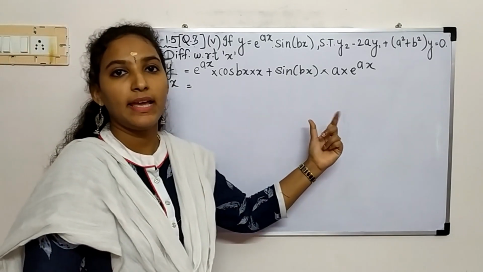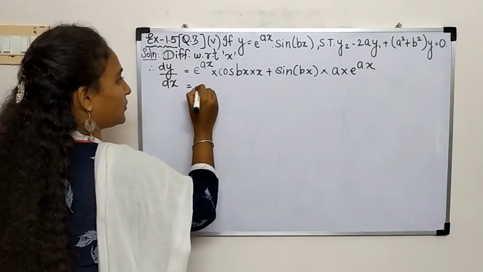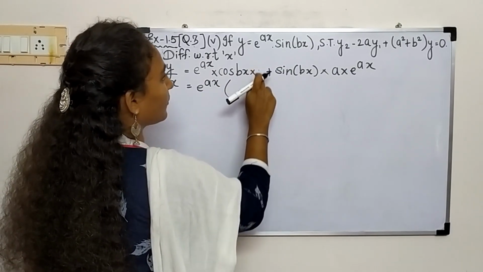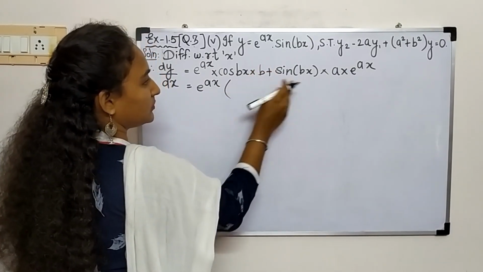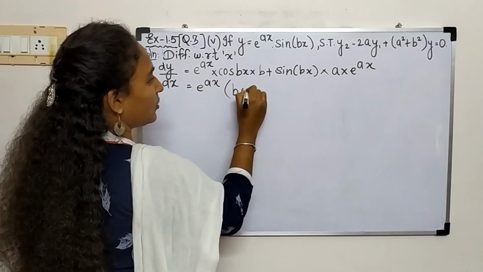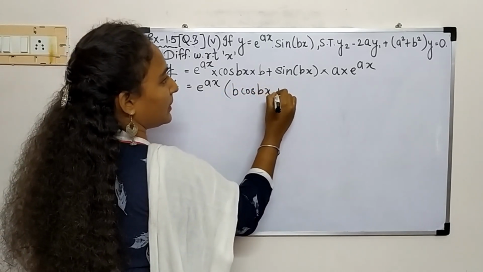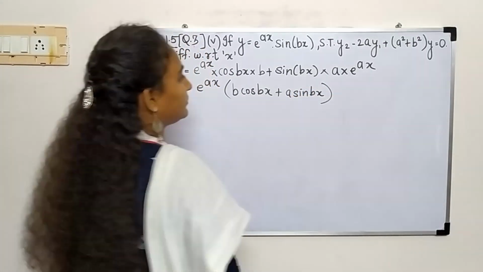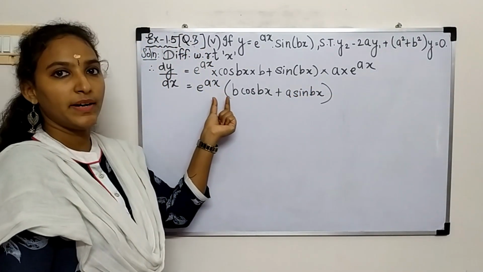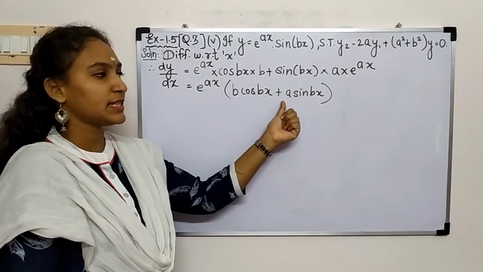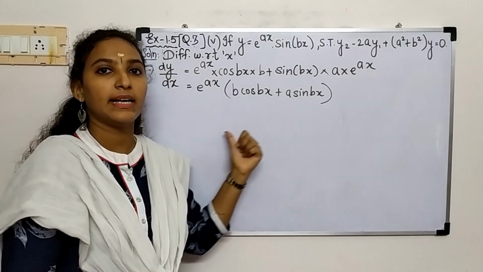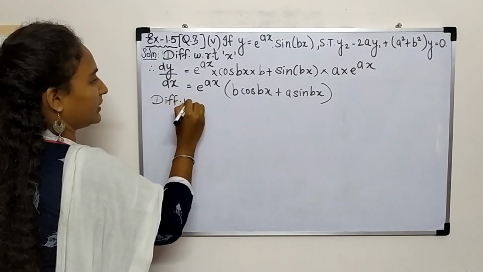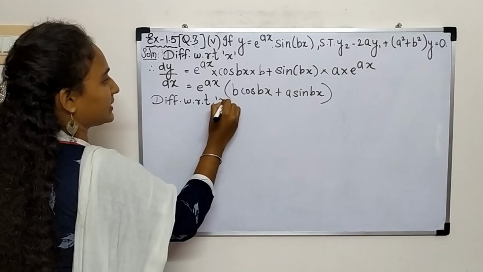See, from this we can take e power ax common. So e power ax, and this is b, we get b cos bx plus a sin bx. E power ax into b cos bx plus a sin bx. Again differentiate with respect to x.